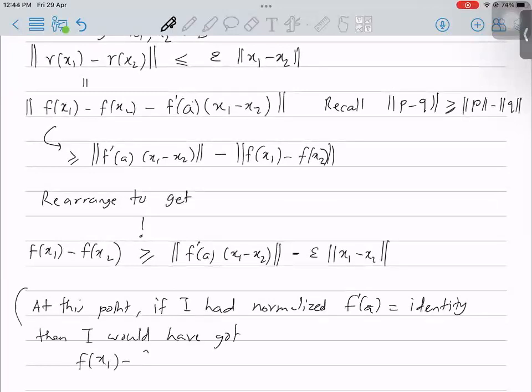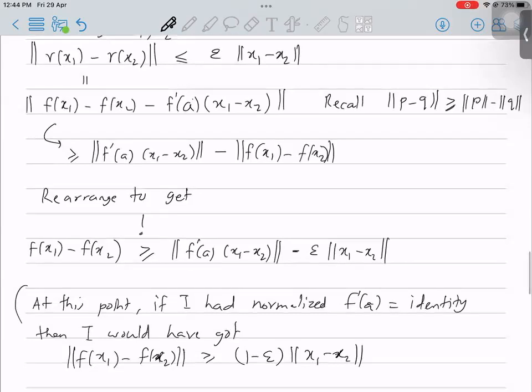F of x1 minus f of x2. What about it? This f prime of a term just drops because it's the identity, right? So on the right hand side, I have the norm of x1 minus x2 minus epsilon times the norm of x1 minus x2. So what would I get? Greater than or equal to, minus epsilon times the norm of x1 minus x2.